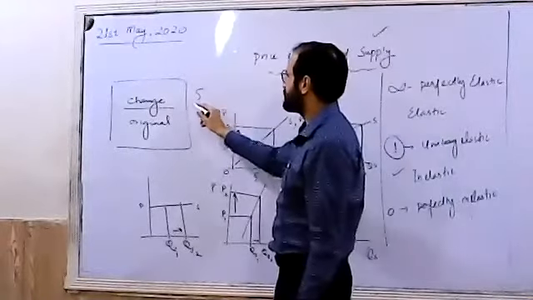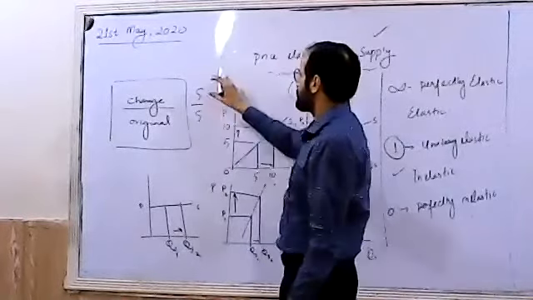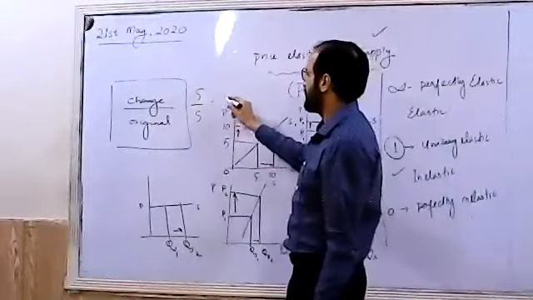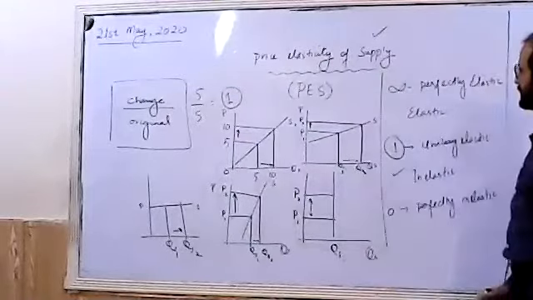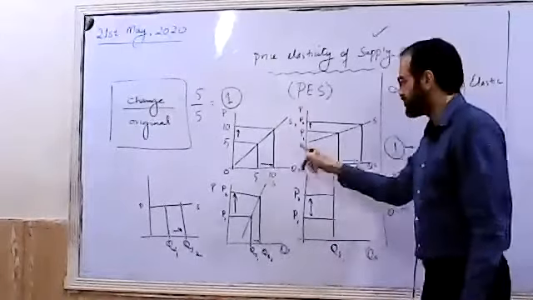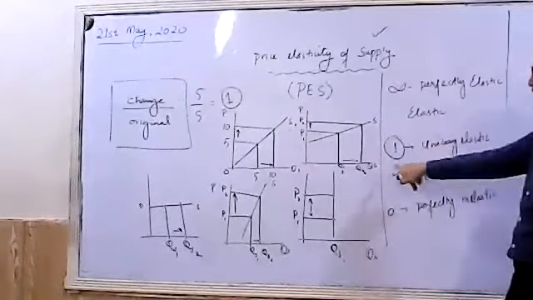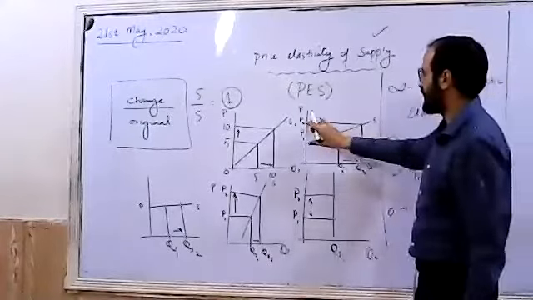So a 5 change in the prices and a 5 change in the quantity supply. So the answer has to be 1. Which elasticity did we predict? We depicted that this curve was unit, and the unit answer always comes as 1. Absolutely right.